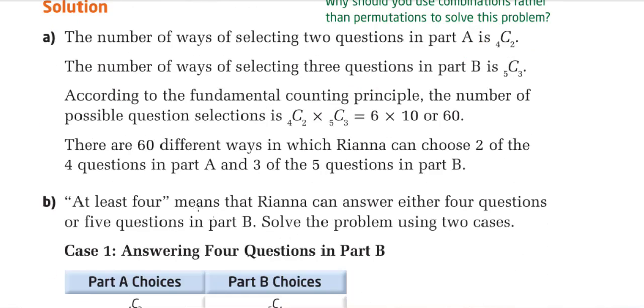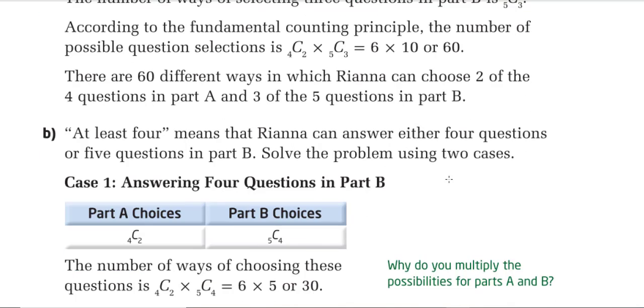And the second one, at least 4. It means that Rihanna can answer either 4 questions or 5 questions in part B. We solve the problem using 2 cases. First case, answering 4 questions in part B. So this is part A choices, and this one is part B choices because this is 4 from 5.